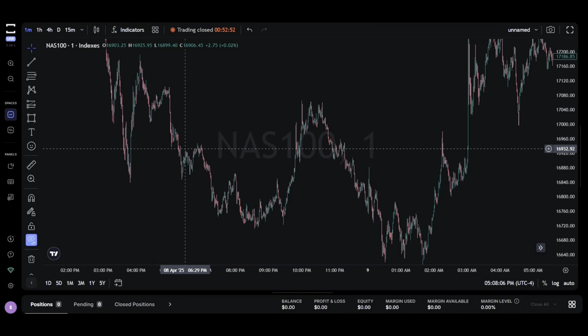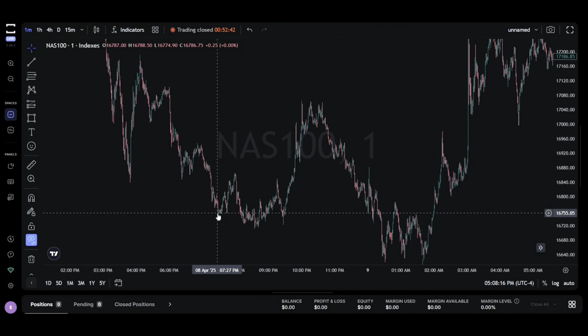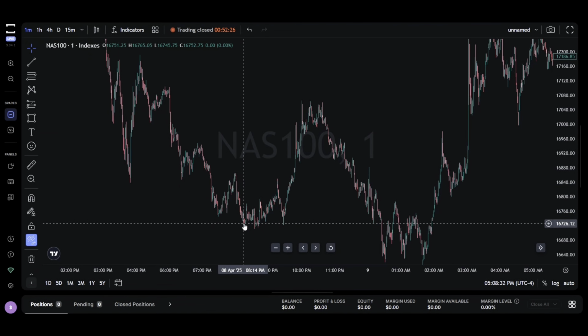We have another one here. The market broke, came back, retested, and then went even further down. Another one here. The market breaks down, came back to retest right here, and went down again.